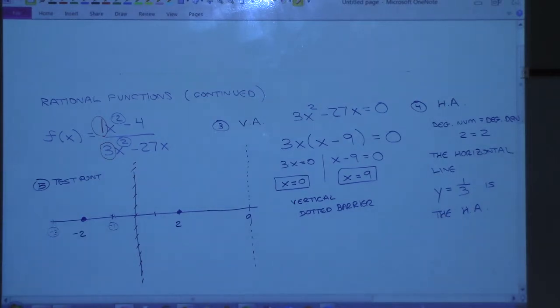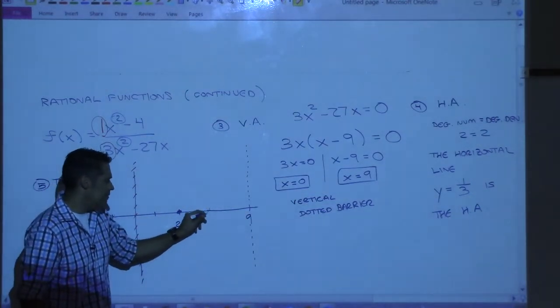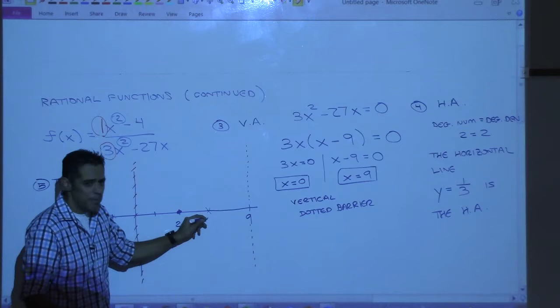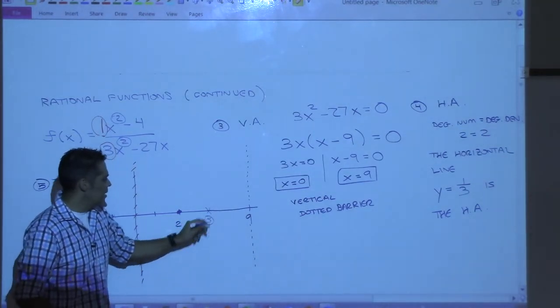And then what would be another good test point? Where would we need to be looking here? Between 2 and 9, we need something in here. Okay, so what, 5? Is that all right? You could pick 6, you could pick 7, 8, anything you want. Anything else?